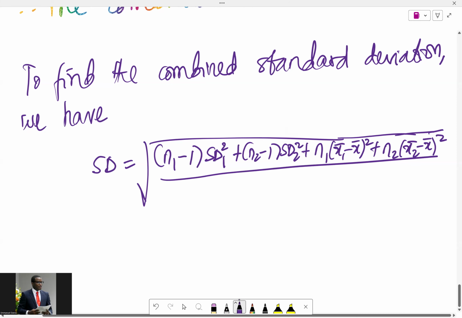All of this now divided by n1 plus n2 minus 1.